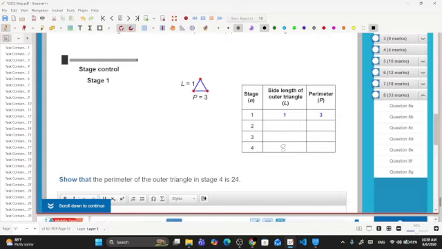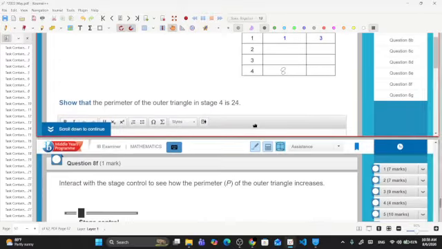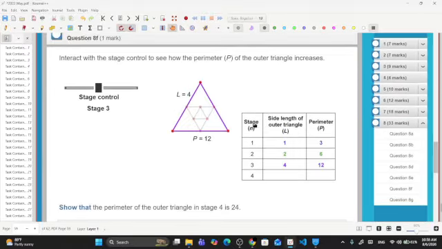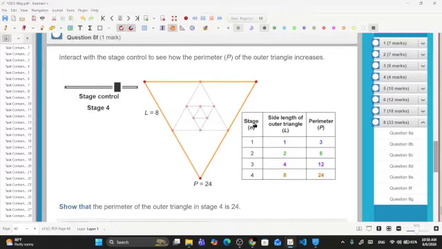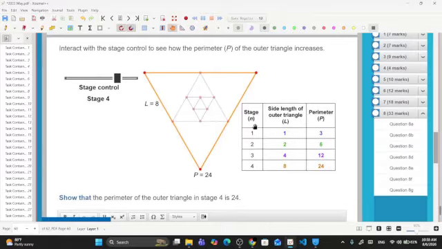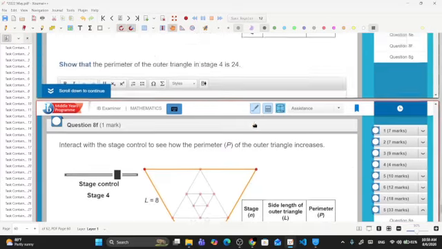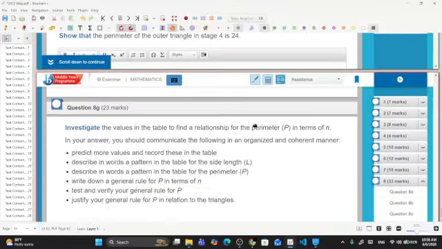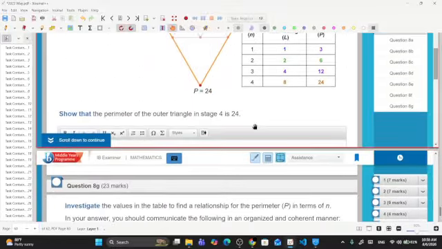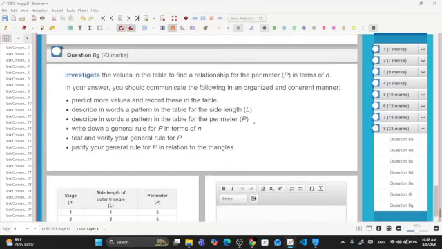And since the triangle has 3 sides, automatically we must know that 8 multiplied by 3 gives us the answer of 24, as simple as that, right? I hope that makes sense as well.